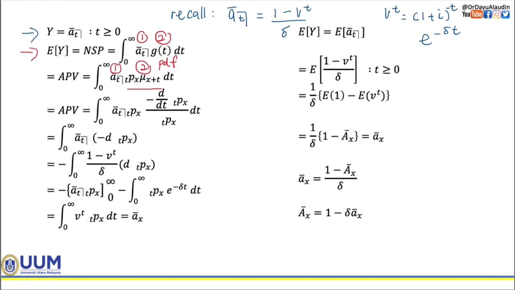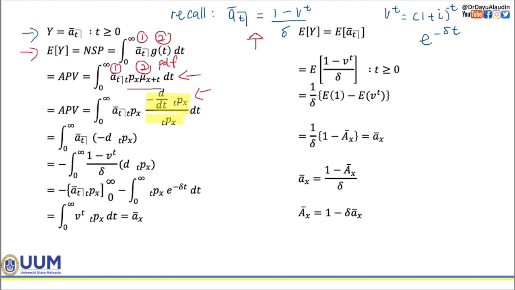In investment, we do not consider the probability of survival. For insurance, we have to take into account the probability of survival and force of mortality. Then mu x plus t, when we write it in terms of tpx, is actually the negative derivative of tpx over tpx. You can refer to this in chapter 1.